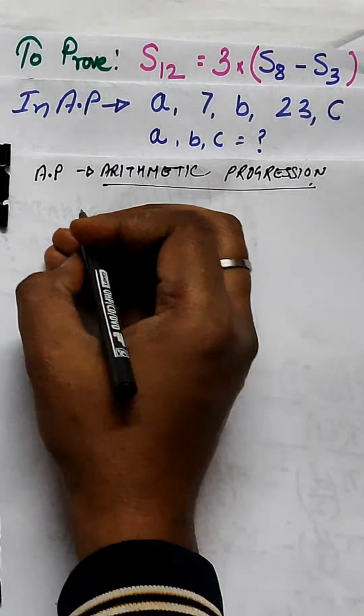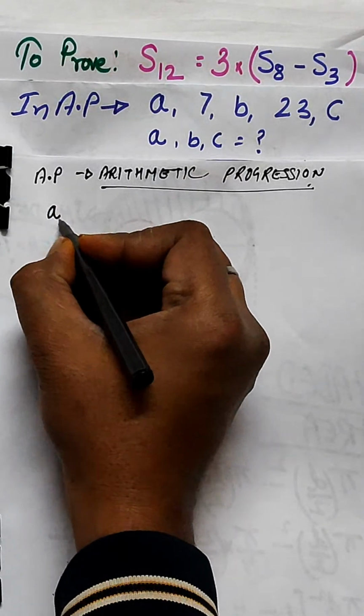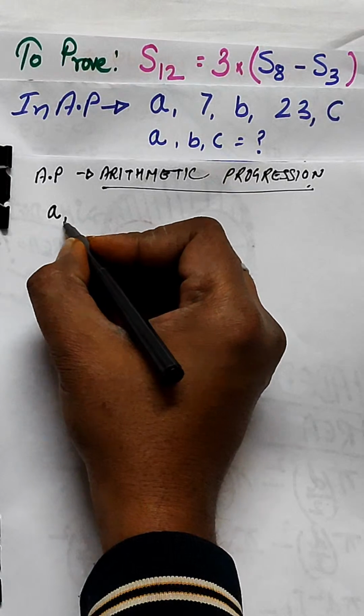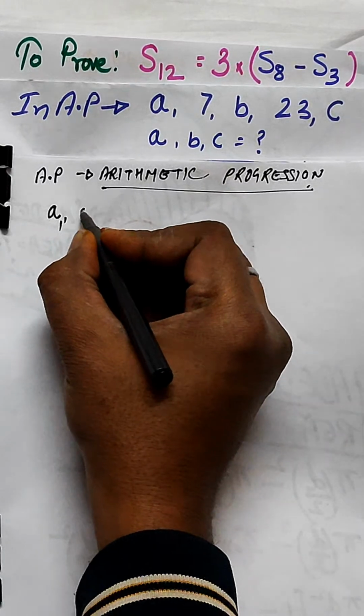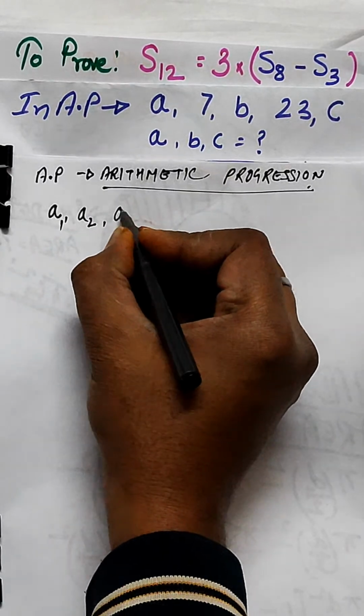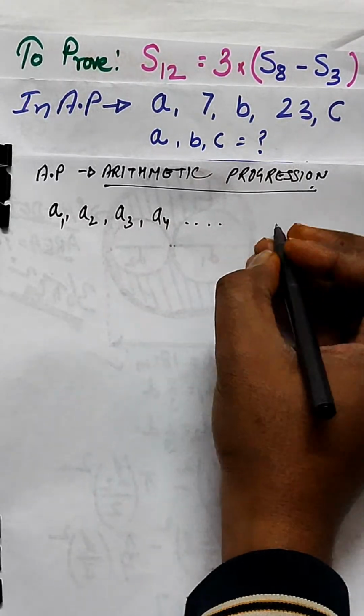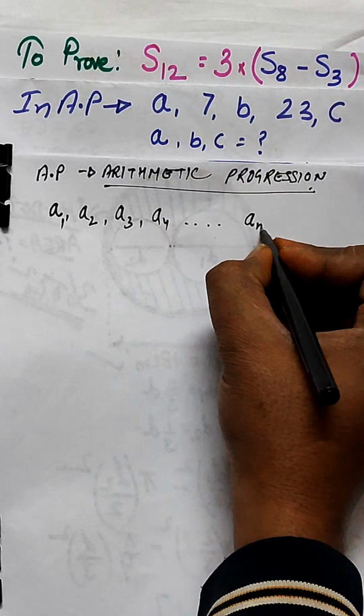So in this, what we are seeing, in any AP which is in the form of a, let's say the first term is A1, A2, A3, A4 till the nth term an.